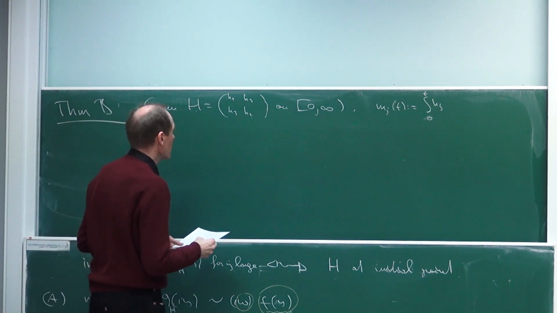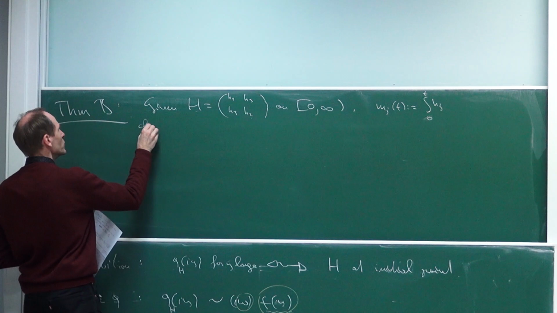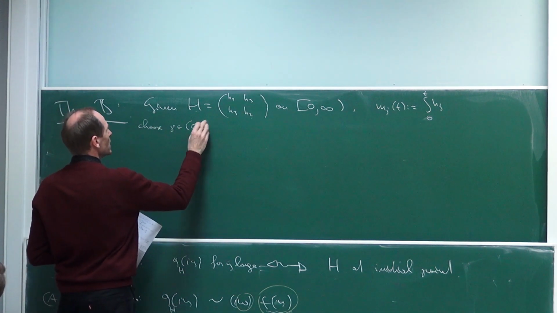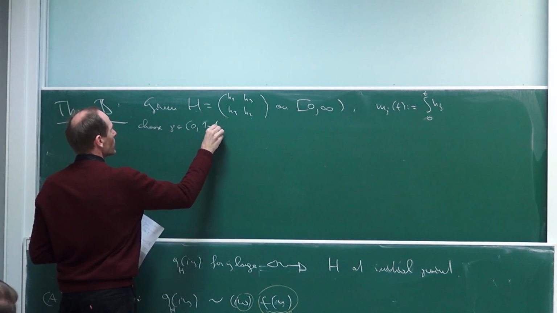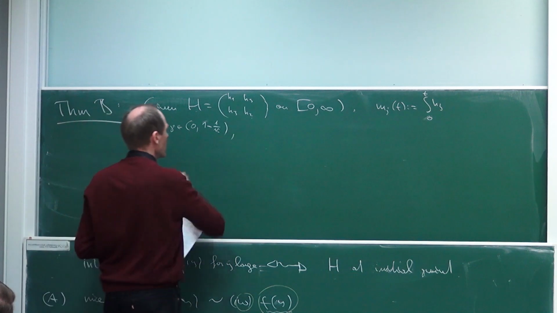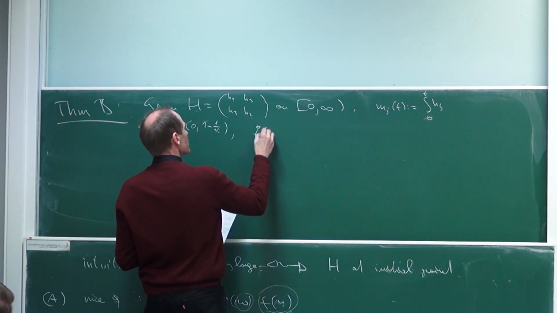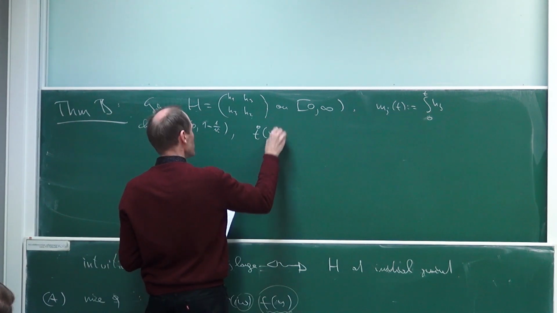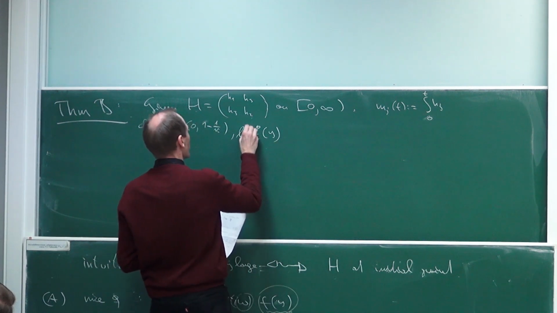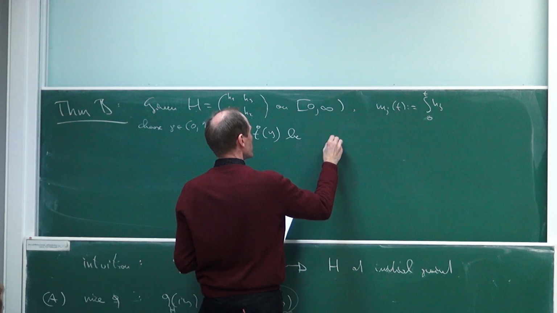Then I pick some number, so choose some number gamma which is small enough. This is not significant, it's just some small number. What is significant is, I call it t naught of y, let this be the solution of the following equation.